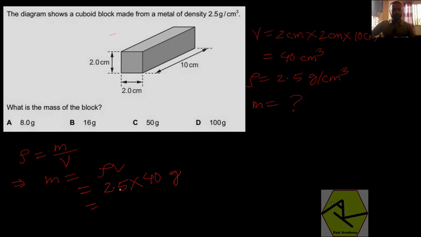So 2.5 times 40 will make 100 gram, and this one is the correct answer.